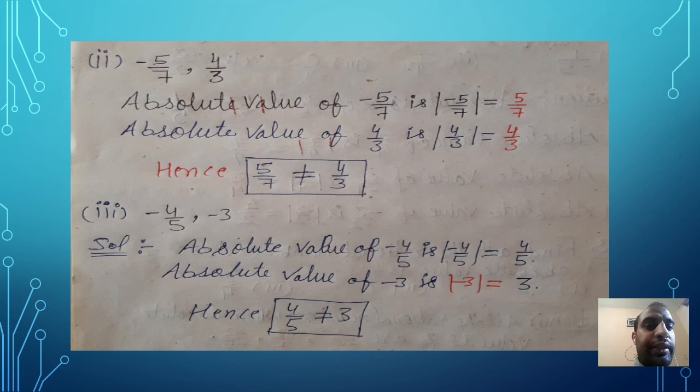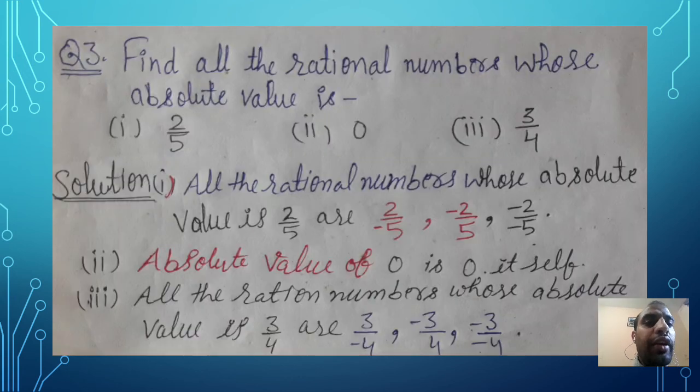So let's take the third question. Find all the rational numbers whose absolute value is 2 upon 5, 0 and 3 upon 4. So my dear student, when you are finding all rational numbers, that means you can change the negative sign and always start like that.